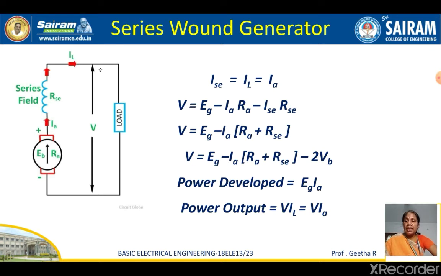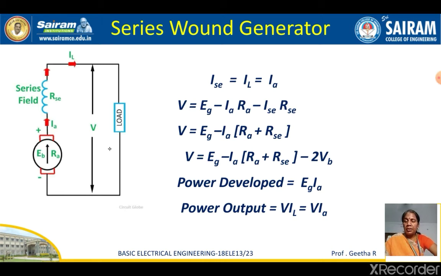So whether it is the line current or the field current or the armature current, everything is the same. Since there is only one path, all are connected in series. All the currents will be the same. So the same Ise, the current through the field, is equal to the line current or load current, which is equal to the armature current.